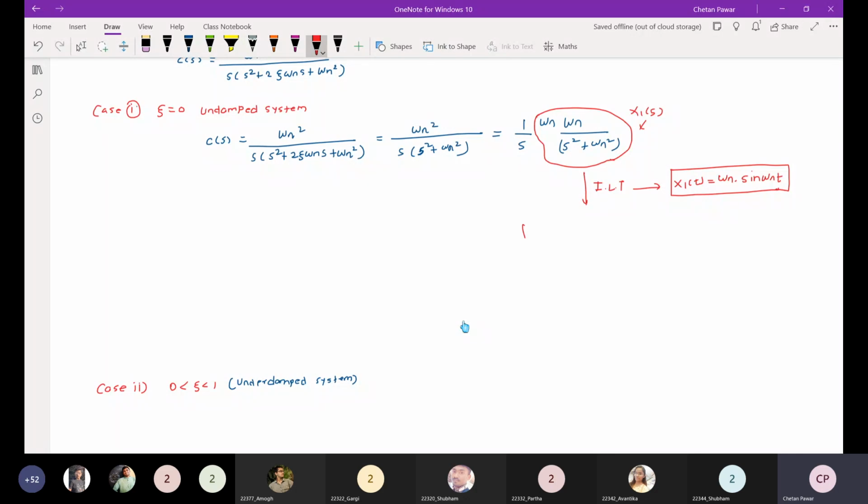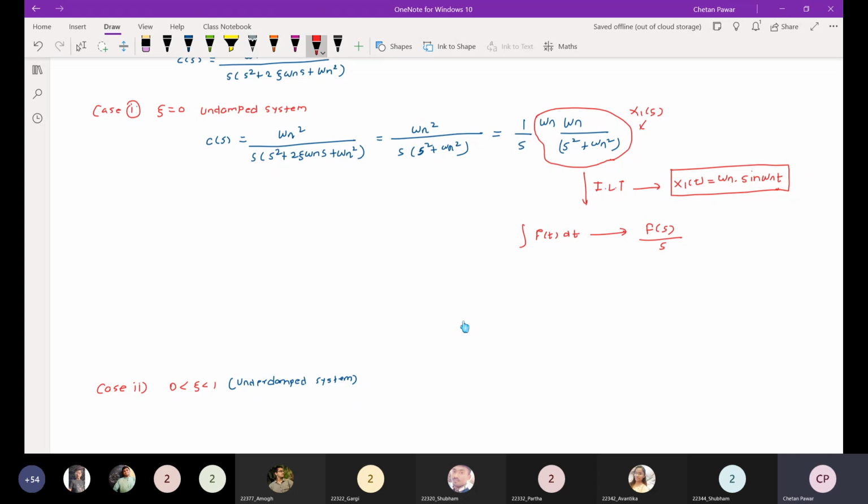Now, if I take integration in the time domain, in the Laplace domain what happens? We divide the Laplace transform of that signal by s, right? Here, what is f of t? That is omega n into sine omega n t, right? The 1 by s term is there, no?